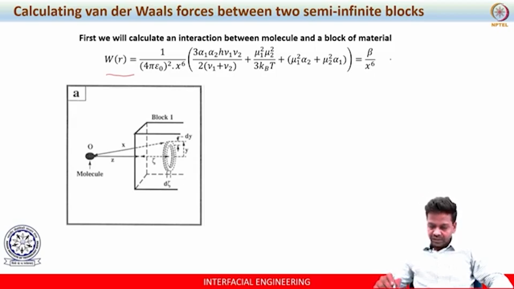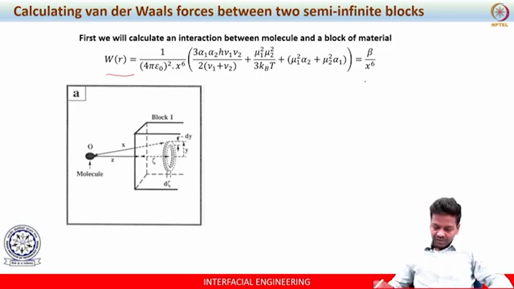So the idea is, if you know the pairwise interaction, by summing up the interactions of all the molecules present between the two semi-infinite blocks, then you will be able to obtain the equation for this case. That is the exercise we have now.